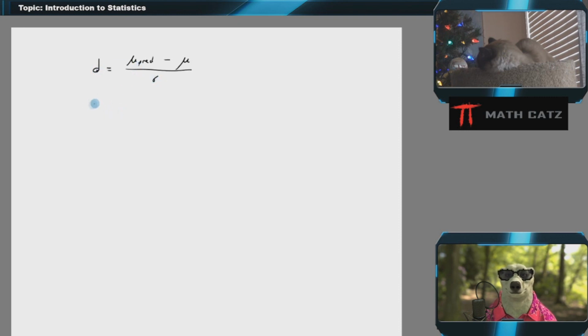So I'm going to multiply both sides by sigma and essentially solve for mu predicted. So mu predicted is mu plus sigma times D. So that's going to be my calculation.